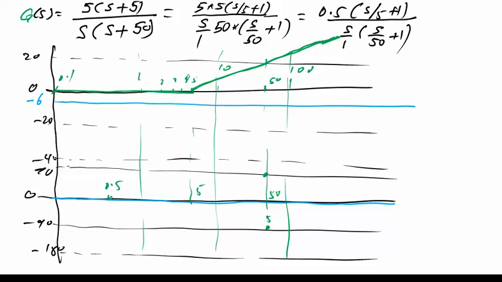At 0.5 it will be 0. So we draw a line like this. Above this it will be plus 90, and below this it will be 0. So these are the asymptotes. Now, what is the value of the phase at this point? 45. Yes, 45. So this is the phase plot.